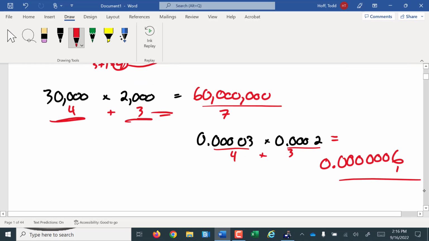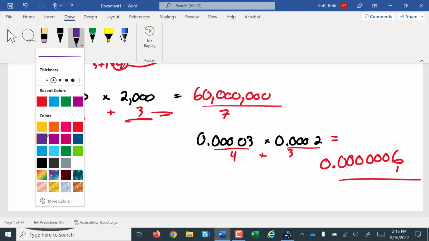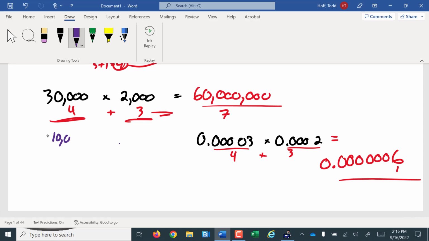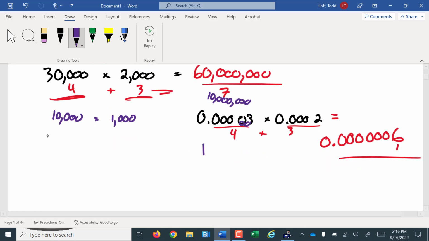And it's actually the same rule, because here, this is a name of 10,000s times a name of 1,000s. 10,000s times 1,000s is 10 millions. Well, this is the name of 100,000s times 10,000s. 100,000s times 10,000s is 1 billionth.